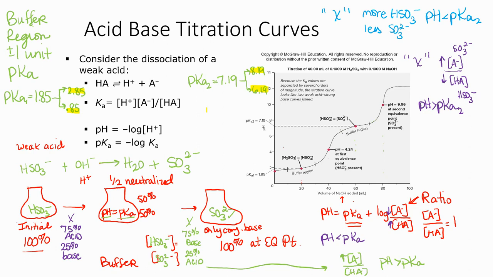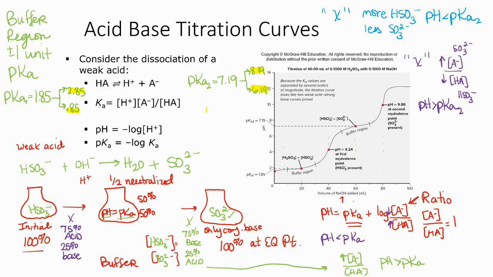Okay, so I'm looking at this titration curve. This is a base being added to a weak acid, and we're monitoring the pH. Initially our pH is low because it's a weak acid. Then we keep adding base. The first thing I would note is that equivalence point.